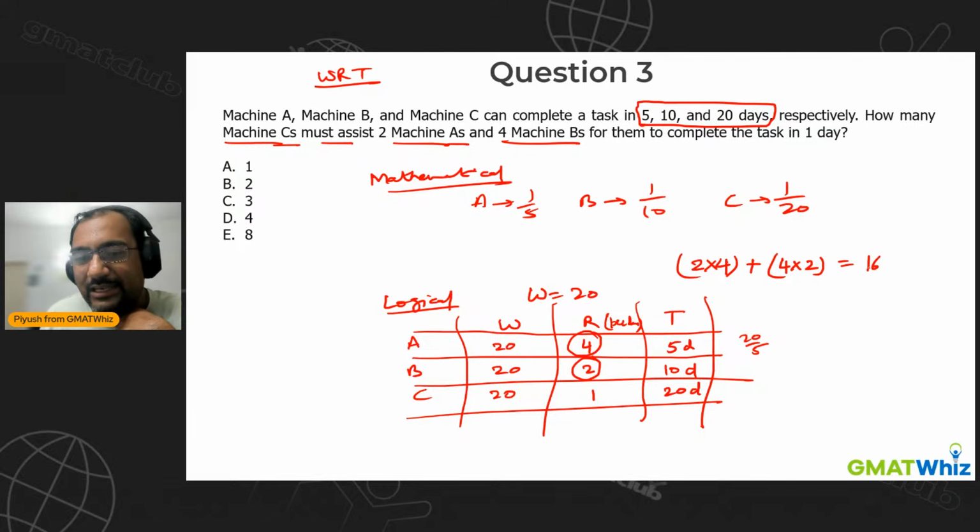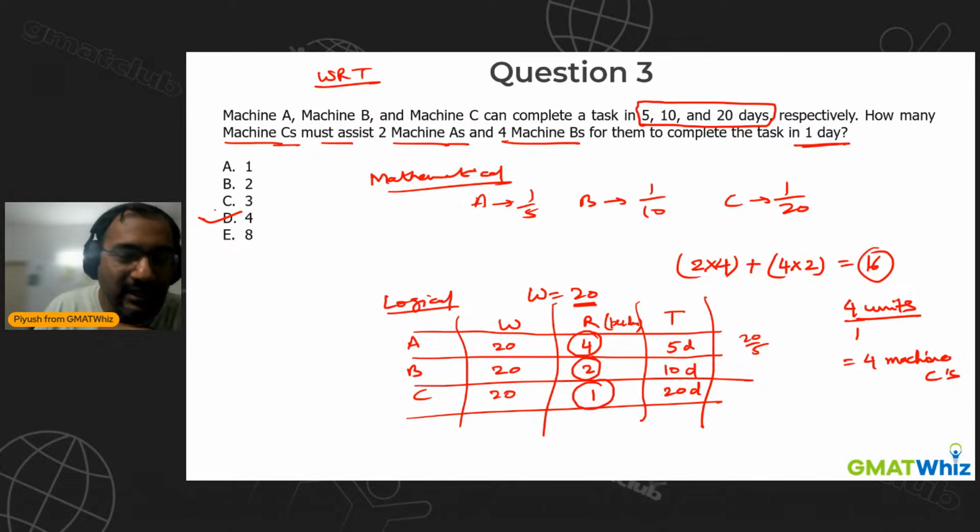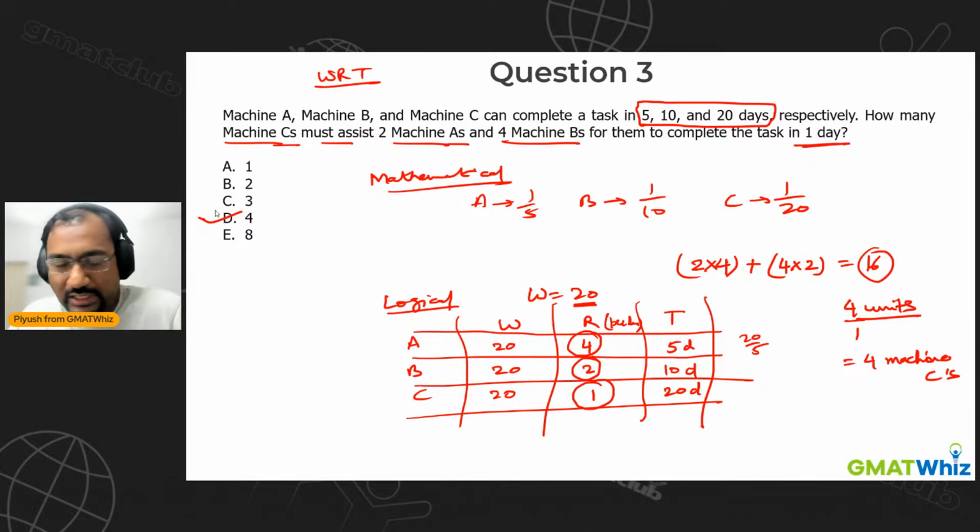So that is 16 units of work already done. Now, I need to complete 20 units of work in one day, so there are 4 units of work remaining. Now, 4 units of work need to be done by machine C, which has a rate of working as 1 unit. So I can do 1 unit with 1 machine. So I would need 4 machine C's to actually complete the task. Okay, and that's my answer for this question.